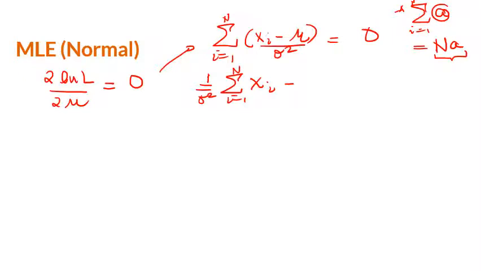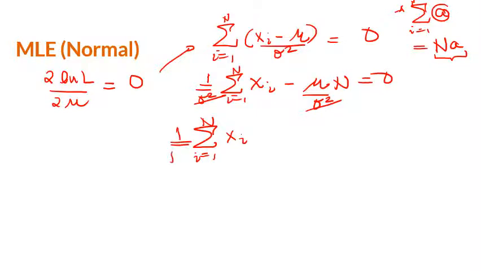Ito class, yung second term, pag pinaghiwalay natin, mu over sigma squared. So this would become mu over sigma squared times n is equal to 0. So we can cancel sigma squared. So mangyayari class is summation from i from 1 to n xi, 1 over n equals mu.